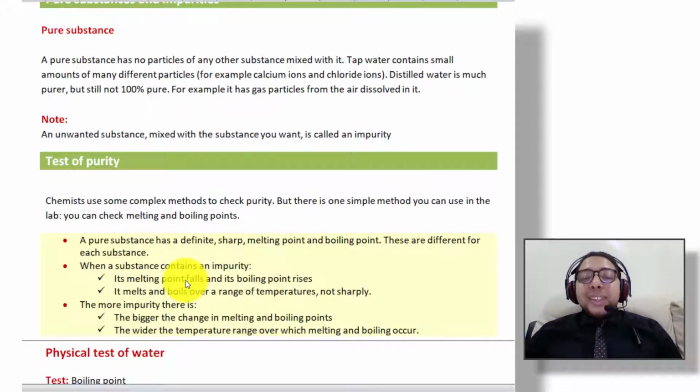So melting point decreases when you have impurities, and the more impurities which are found, the larger the drop will be and the higher the increase will be in the boiling point. Not only that, but you're going to have a wider range. So as you increase the amount of impurities, you're going to have a bigger change in the melting point and boiling point, and you're going to have a wider temperature range over which melting and boiling occur.